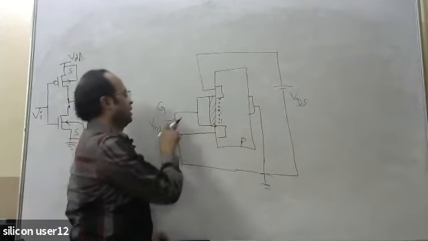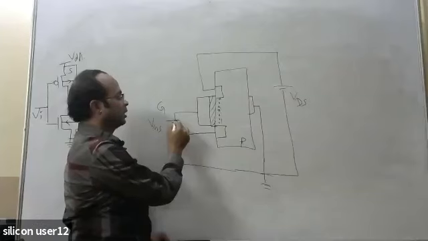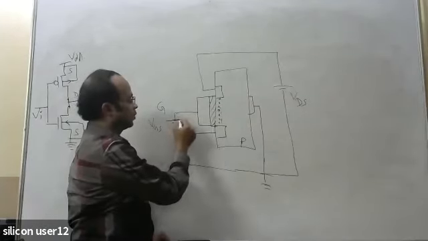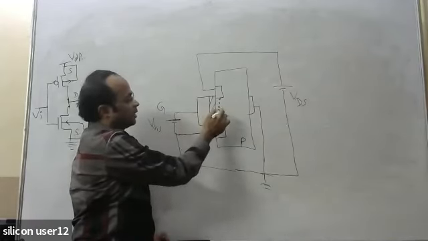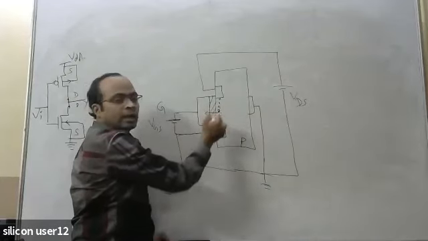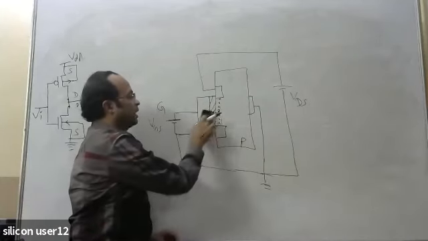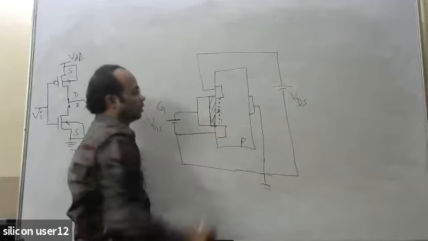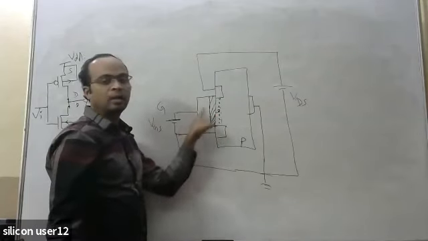But tell me, is there any possibility of current flowing from this gate terminal inside this body? Suppose this is positive, so it is trying to pull the electrons. Can the electrons pass here? No, because I have an insulating region, SiO2, so electrons cannot pass, or current cannot flow, from this gate terminal to the body.